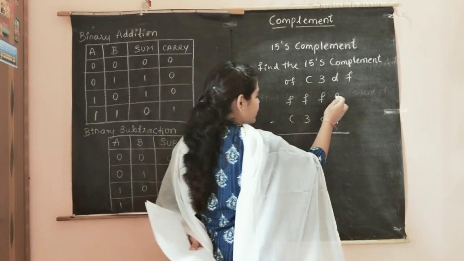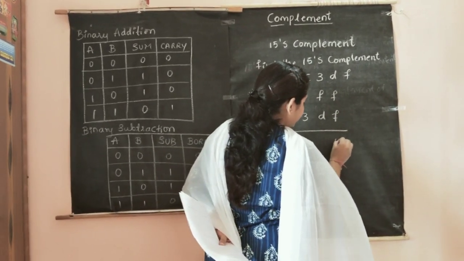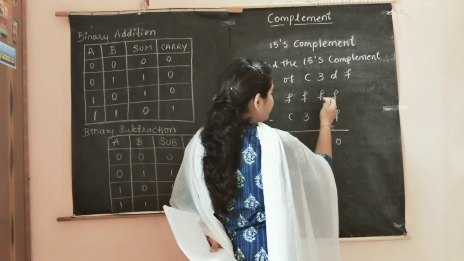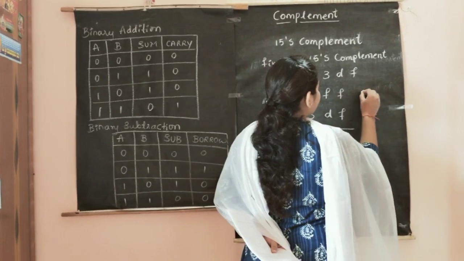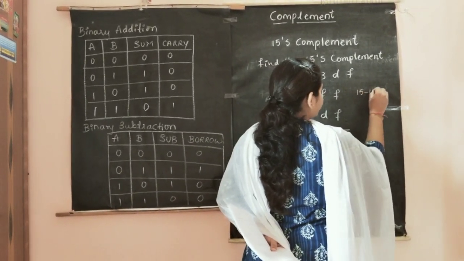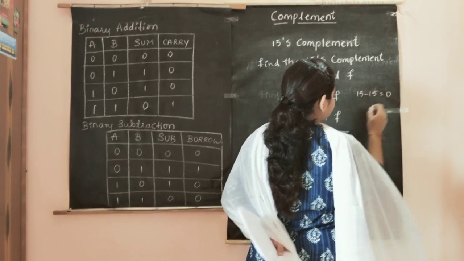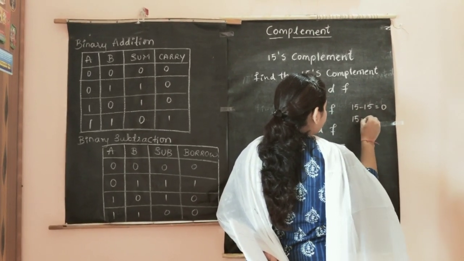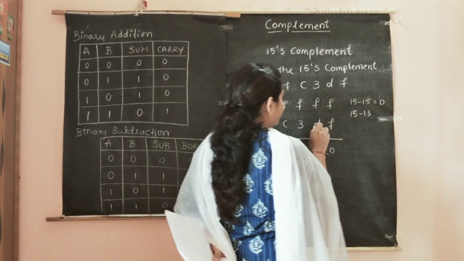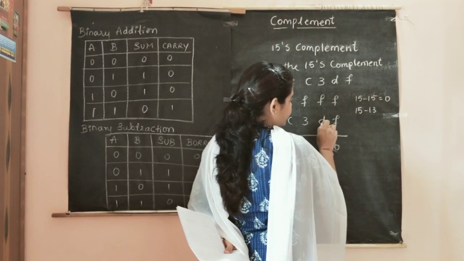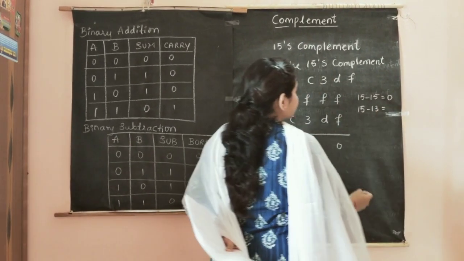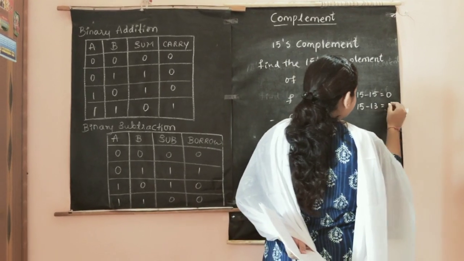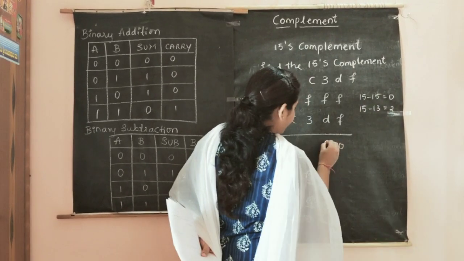So F minus F, it is 0. F minus D. So here F means 15. 15 minus 15 gives 0. 15 minus 13, because D takes the place of 13, it is 2.